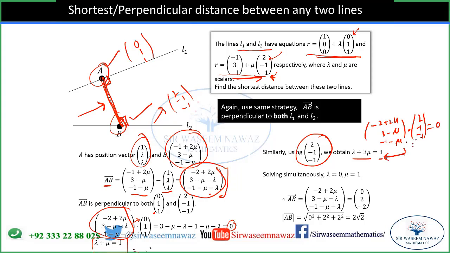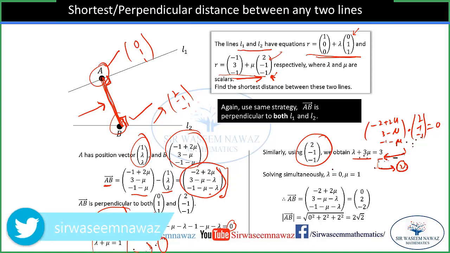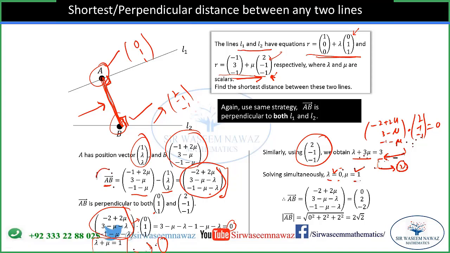Now we have these two equations. This is our first equation and this is our second equation. When I solve them simultaneously, I will get the values of lambda and mu. If you place this lambda and mu in the direction vector of AB, you will get this vector 0, 2, minus 2.